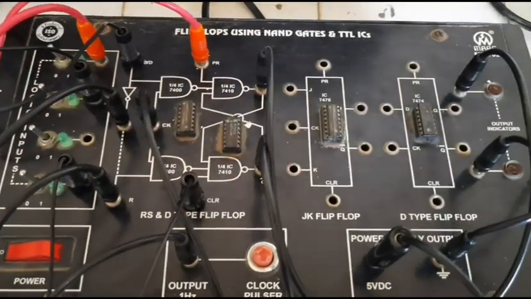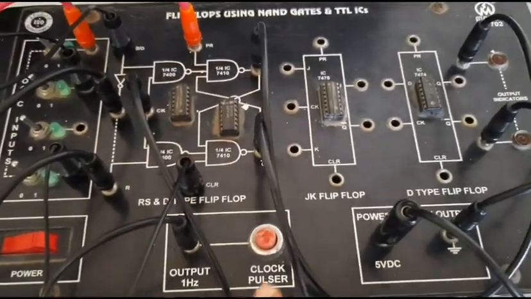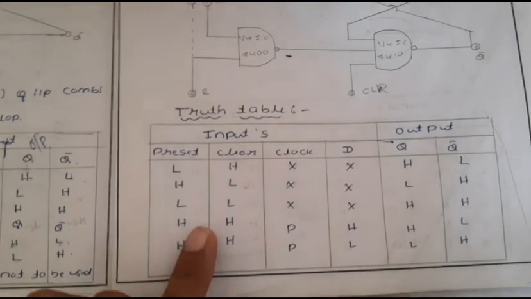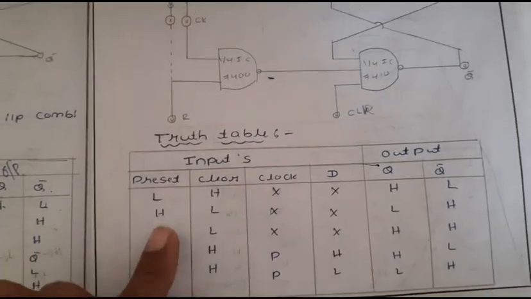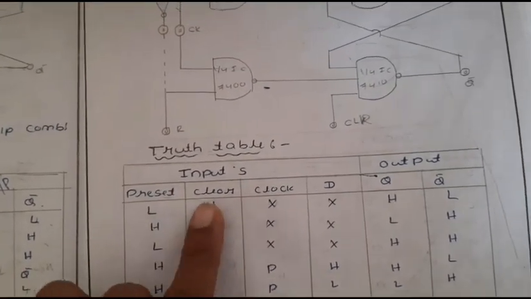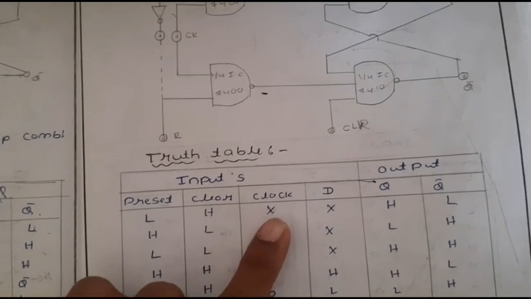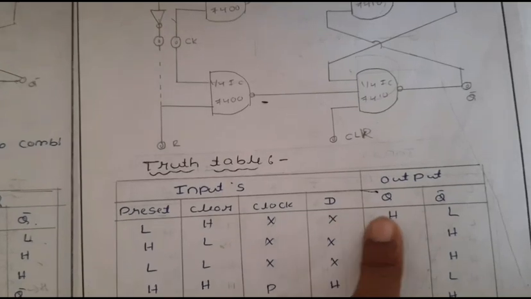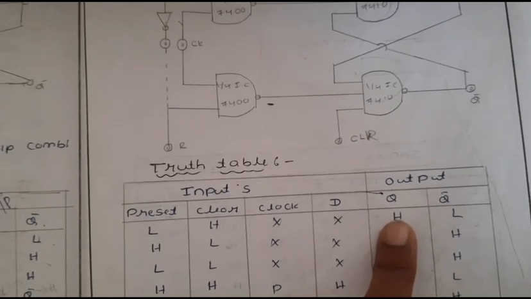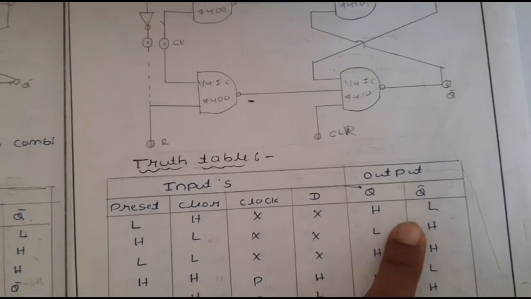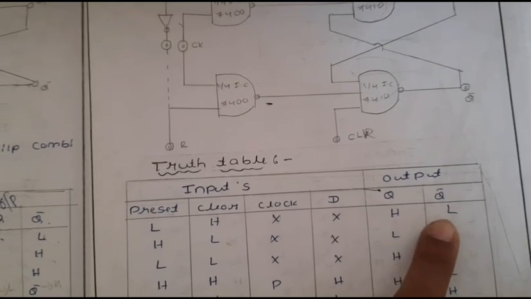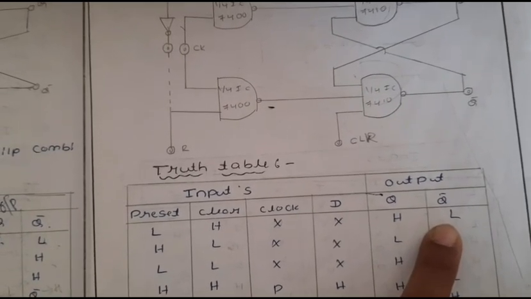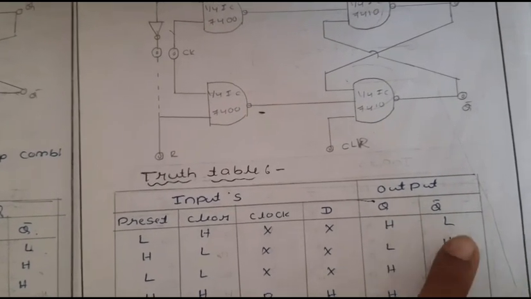So let us verify. Here is the clock. This is the truth table. Input preset low, clear high, clock we should not apply, and D should not be applied, and then Q and Q bar must be verified, high and low.